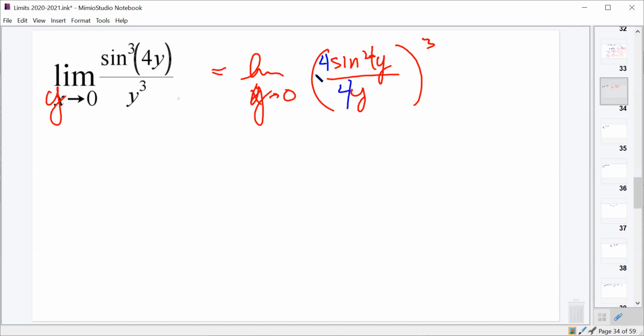And so we've got to be careful as we do that, because what have we done? We've put a 4 inside of parentheses and cubed everything inside of it. And so when we pull the 4 out of the limit and put it in front of the entire limit, we're not really pulling out a 4, we're pulling out a 4 to the 3rd power, which is what? 64.